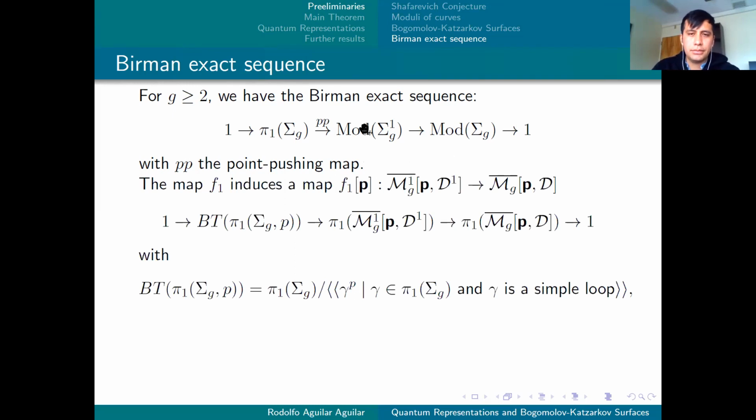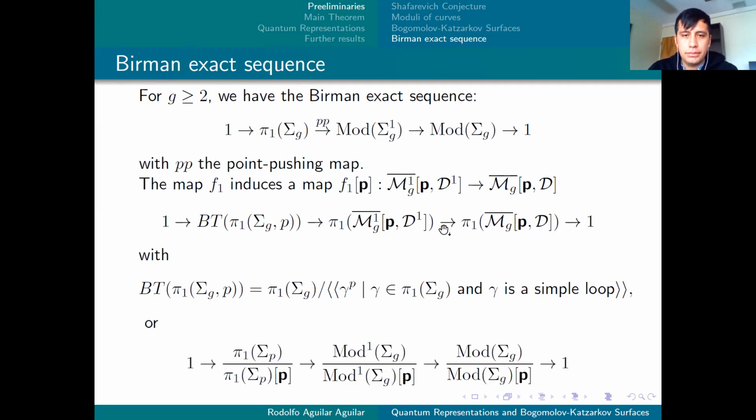And then recall that the F1 map was the map from the universal curve to M_g bar. This map will induce some map in the root construction. So we can see again this as a fibration, and we can take the long exact sequence of the homotopy of a fibration, and we will obtain something like this.